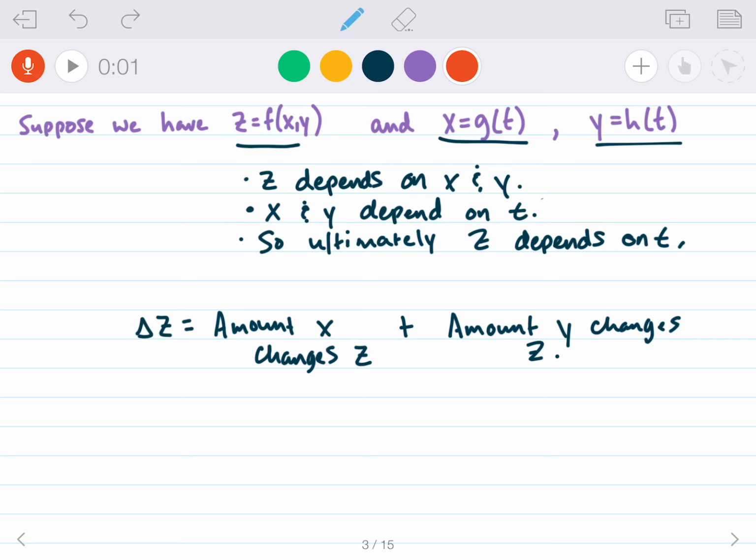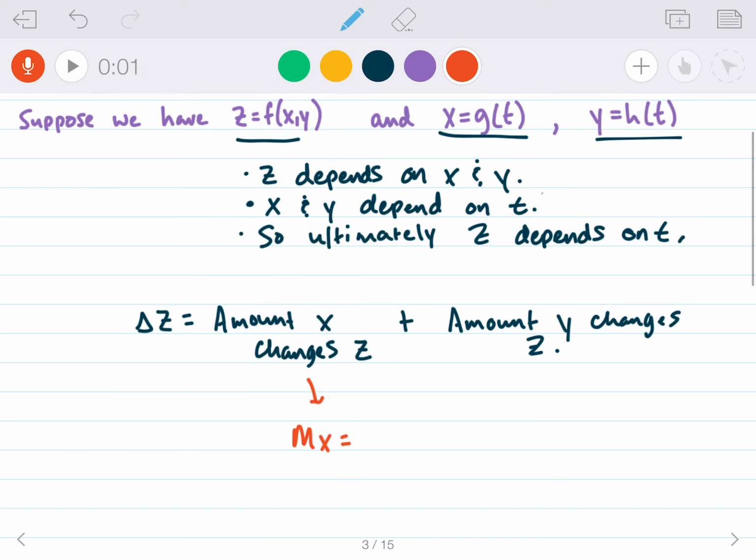So we can think of this in terms of slope, right? We know that the slope in the x direction, when z is our dependent variable, is going to be the change in z over the change in x.